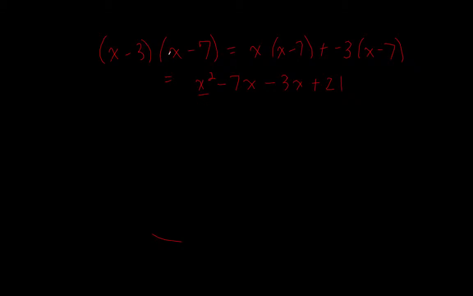So there's the first, outside, inside, last. It's just a double distribution. Everybody memorizes this as FOIL, but this is why it's doing it. First you distribute this, then you distribute the pieces, and you get FOIL.